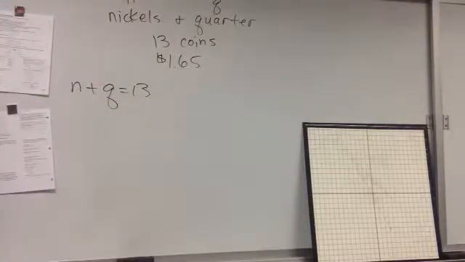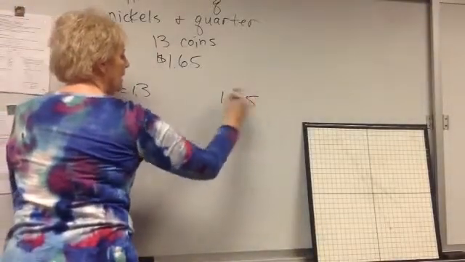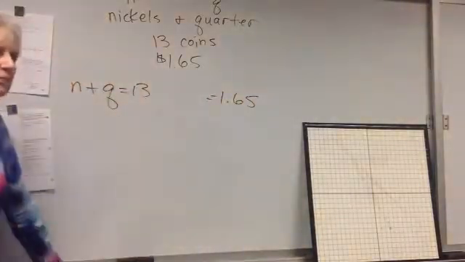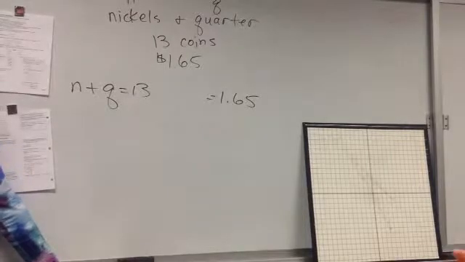Now when you're doing the money, the $1.65 part, it's still nickels and quarters, but you have to do something. It's N plus Q, but you can't just put N and Q, because N and Q aren't the same amount of money. What would you put in front of N and in front of Q?